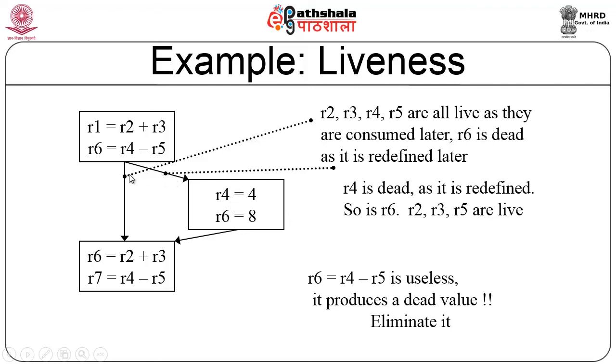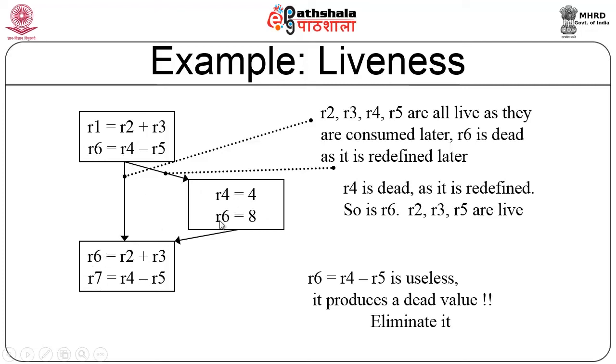At this point we see that there is a value for R4, but on the alternate path R4 and R6 are going to be redefined here, therefore R4 and R6 are said to be dead. But R2, R3, R5 can be live here. At this particular point, R6 is redefined.